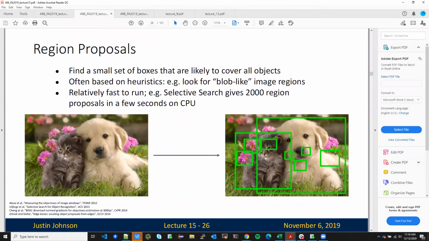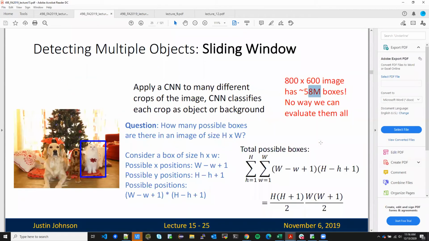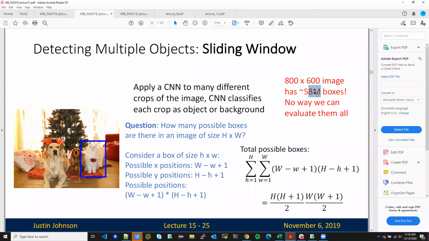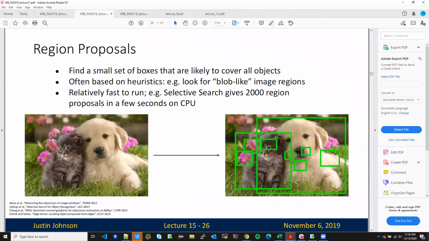But object detection is a very important task in computer vision too. So one idea researchers came up with is, let's not do all these 58 million boxes. Let's have region proposals.